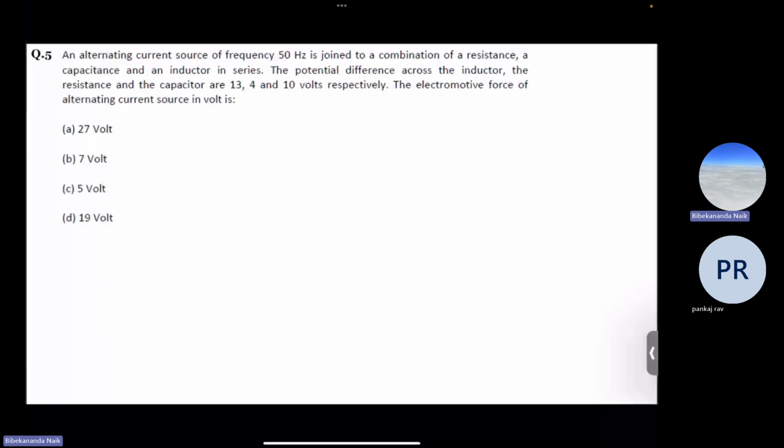So here it says an alternating current of frequency 50 Hz. So the frequency of the AC current is 50 Hz, and it is connected to a combination of resistance, capacitance, and inductor. All are in series. So it is a series RLC circuit, and the potential difference across the inductor, the resistor, and the capacitor are 13 volt, 4 volt, and 10 volt respectively.